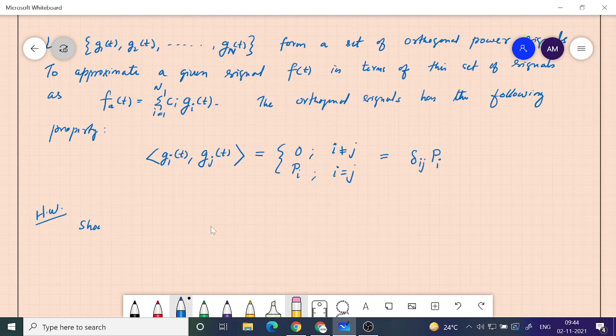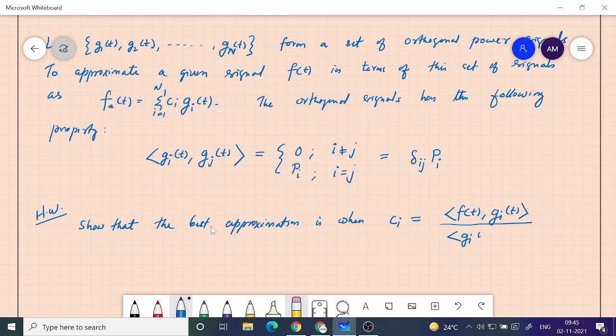Homework: show that the best approximation is when Ci is equal to the inner product of f of t with gi of t, divided by the inner product of gi of t with itself.